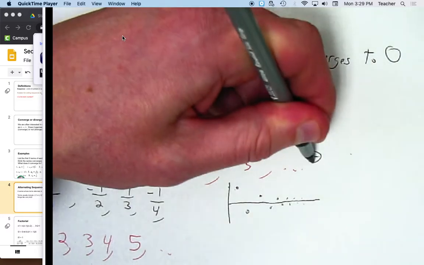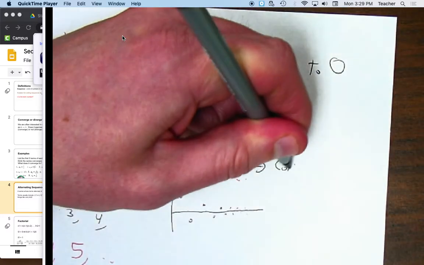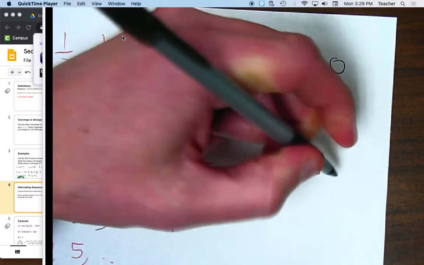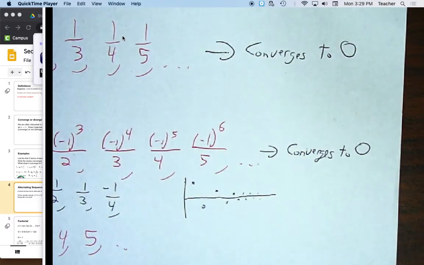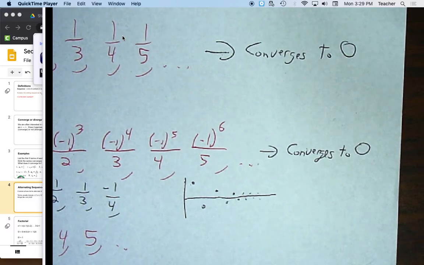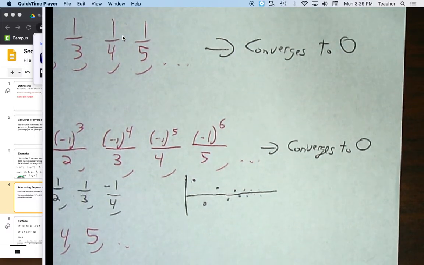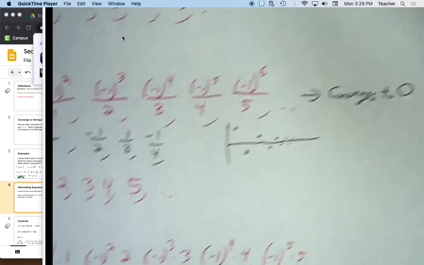So this might be a little surprising to you, maybe not. This one actually also converges to 0. So these numbers, -1 to a power, will either be 1 or -1 divided by a huge number, will definitely be close to 0. So this is converging to 0 also.